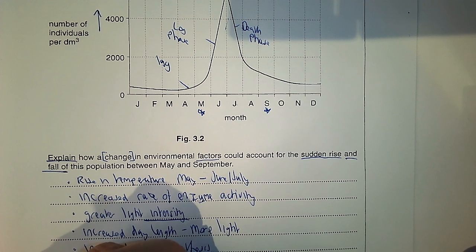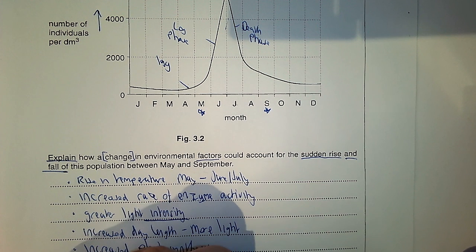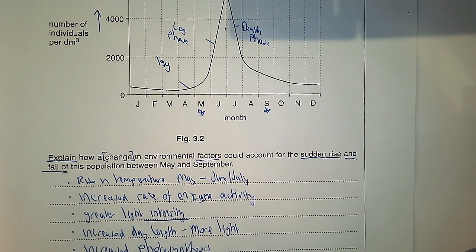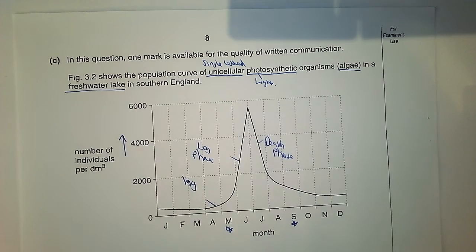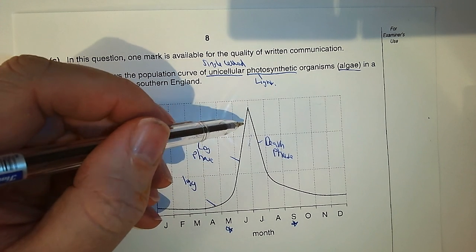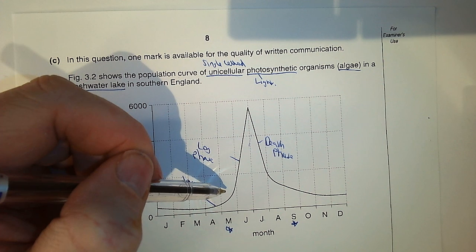And that's going to lead to more algae, sometimes known as an algal bloom. Right, so that's explained why there's an increase in growth.